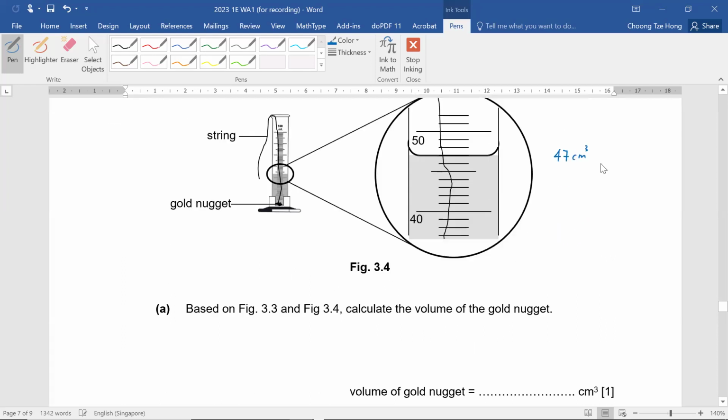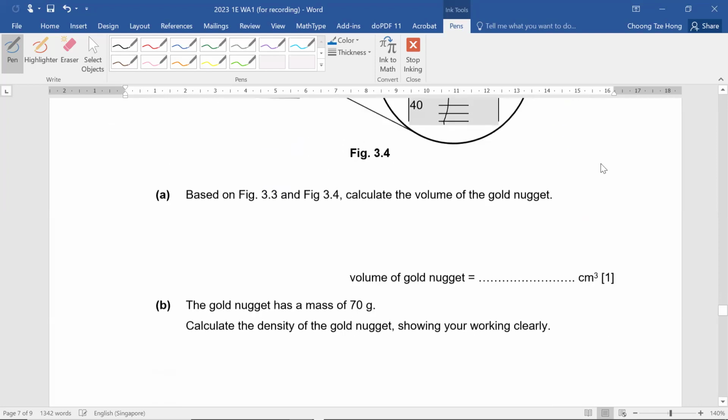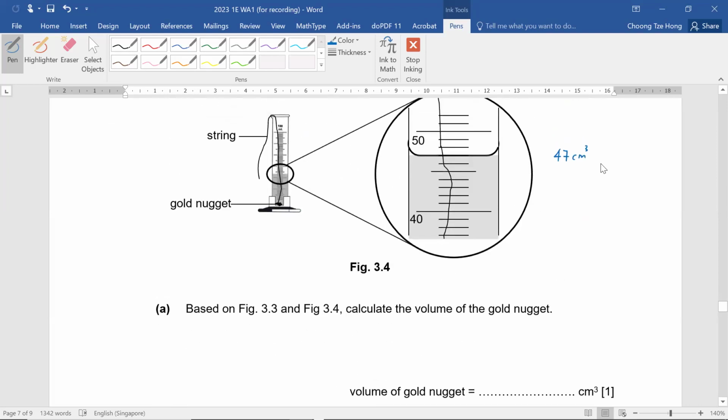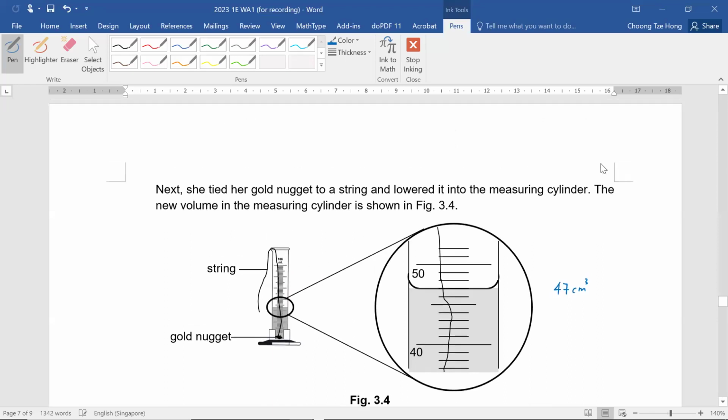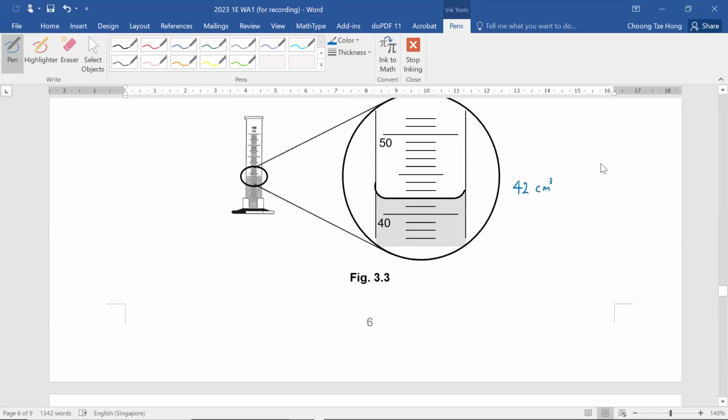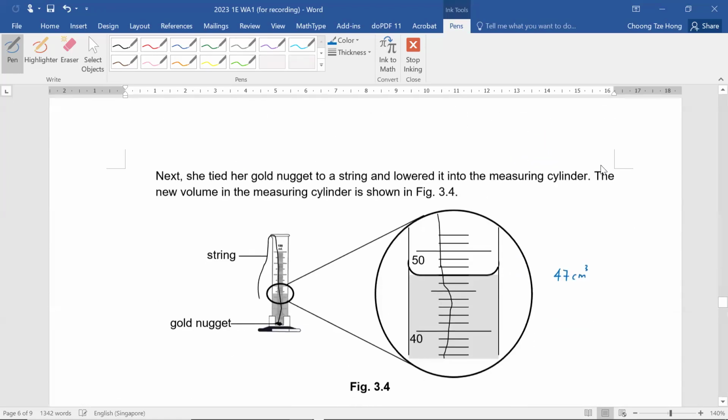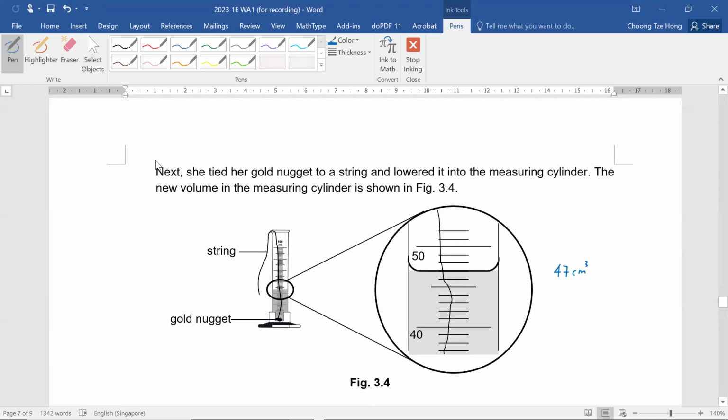Based on figure 3.3 and 3.4, can you calculate the volume of the gold nugget? We know that this is the displacement method to measure the volume of an irregularly shaped object. You can refer to page 48 of your textbook to read more about this displacement method to measure the volume of irregularly shaped objects.